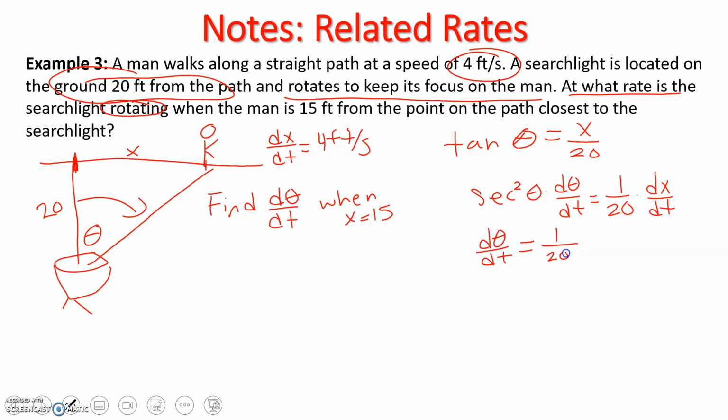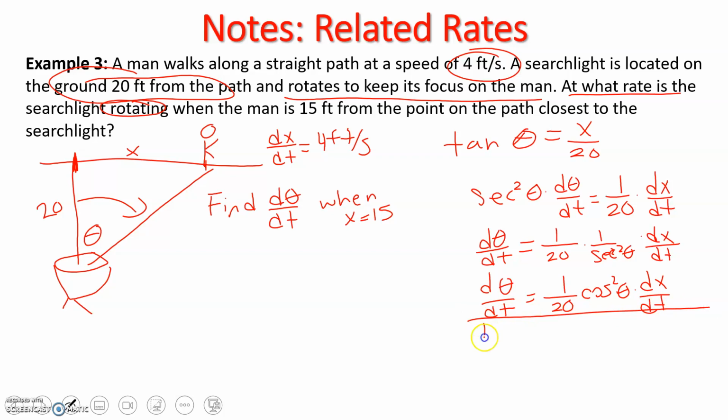So we get 1 over 20, 1 over secant squared theta, dx dt. Now note here, 1 divided by secant squared theta is mathematically equivalent to cosine squared theta. So we have 1 over 20 cosine squared theta dx dt.